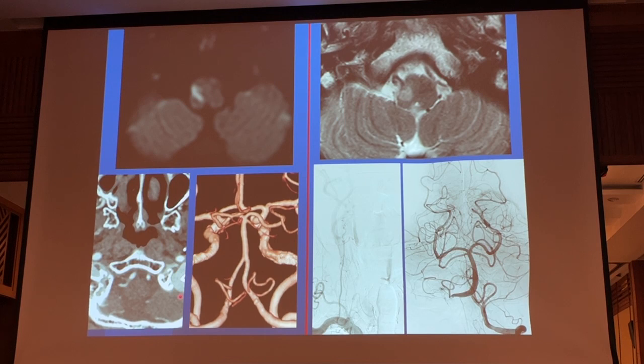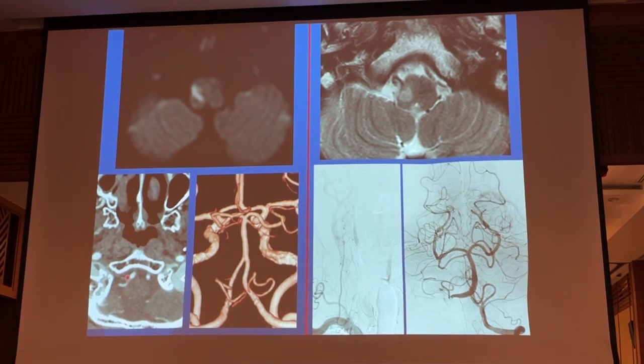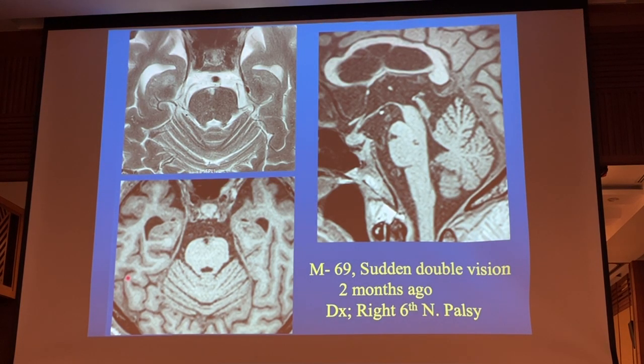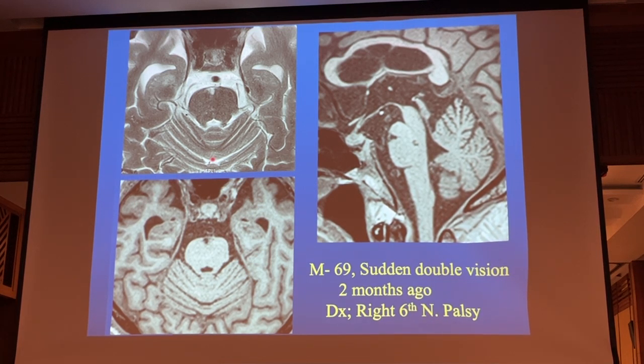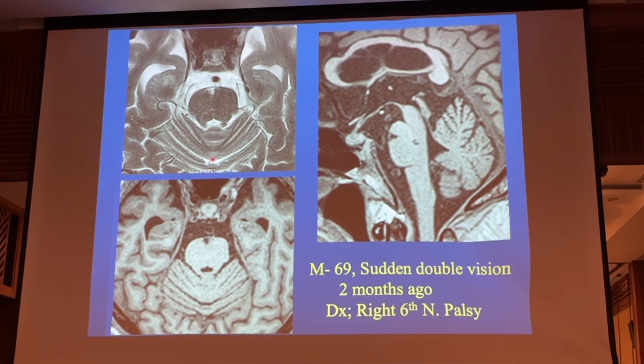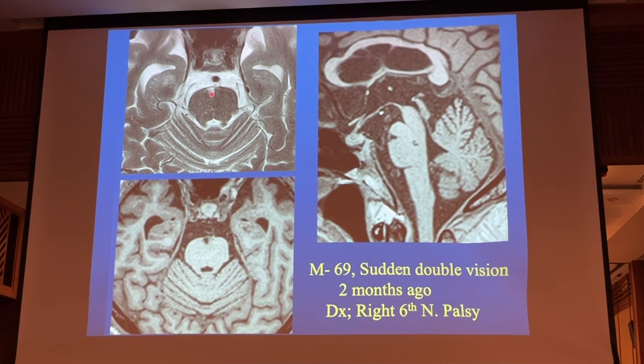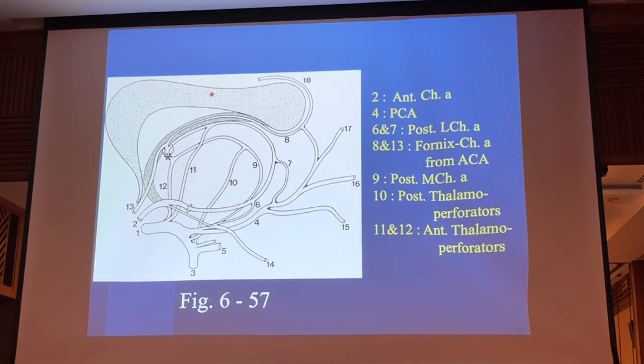Okay, this was another example of occlusion of the vertebral artery causing medulla infarct. This is just an interesting case, and the patient had a sixth nerve palsy. You can see a little infarct. This caused the sixth nerve palsy, I believe.